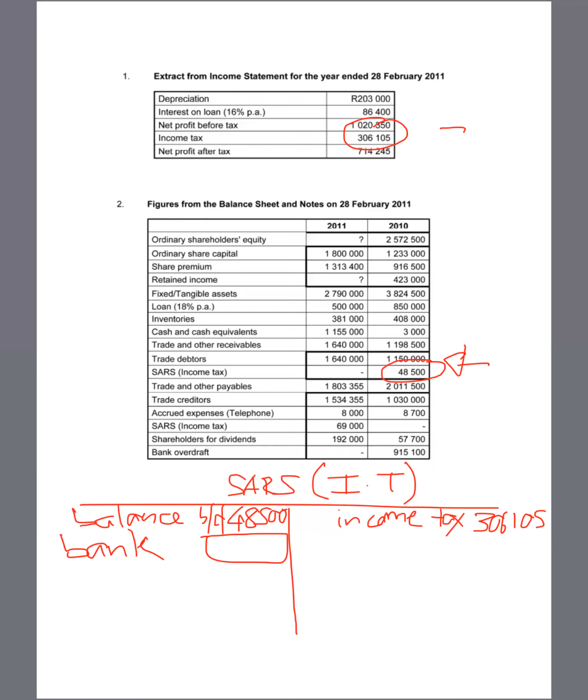Where is my SARS income tax closing balance? Is it under receivables or payables? Under payables. Do you see it there? Yes. The 69,000. So what am I going to do with it if it's under payables? My closing balance.